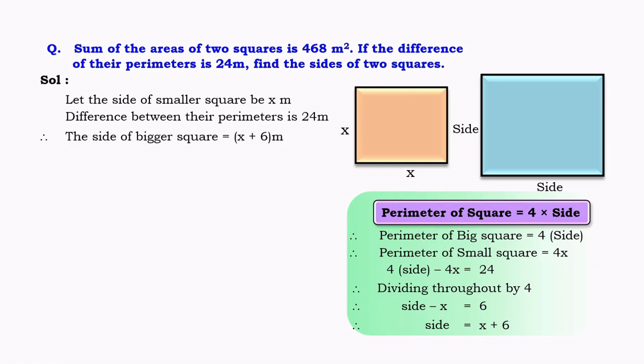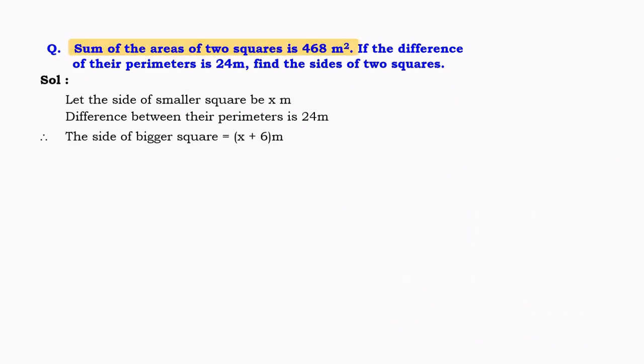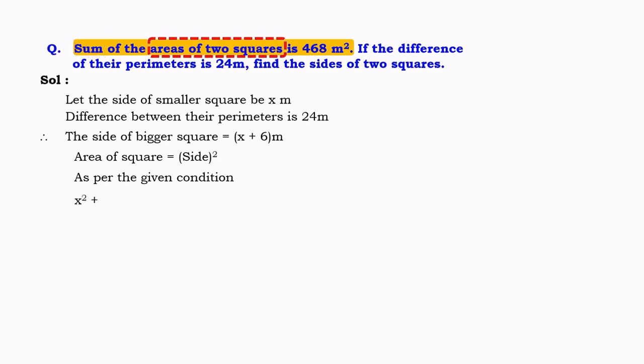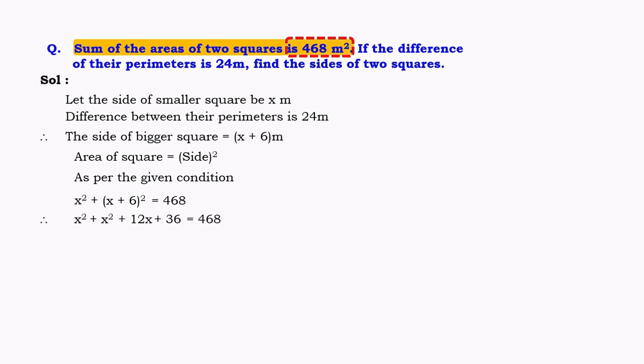Now we can use the information about the areas. We know that the area of a square is side multiplied by side. The area of the smaller square is x squared. The area of the bigger square is x plus 6 whole squared. The sum of the areas is 468 square meters. Therefore, x squared plus x plus 6 whole squared equals 468.